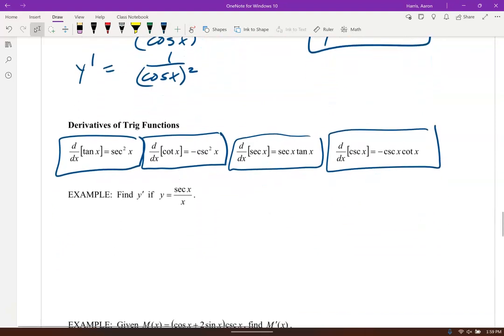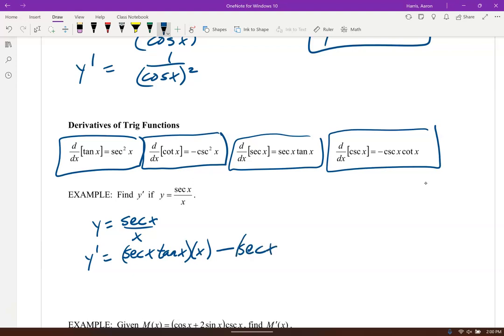Let's go ahead and, if we have secant x over x, find that derivative using the quotient rule. So the derivative would be the derivative of the top, the derivative of the secant, secant tangent, times the bottom, minus the top stays the same, times the derivative of x, which is just 1, all over bottom squared, right?